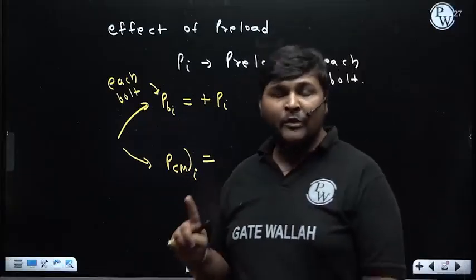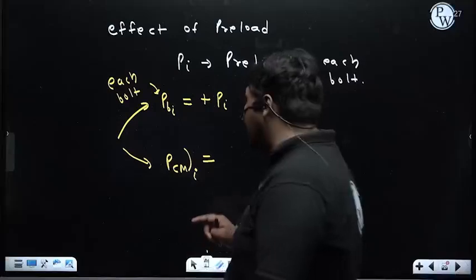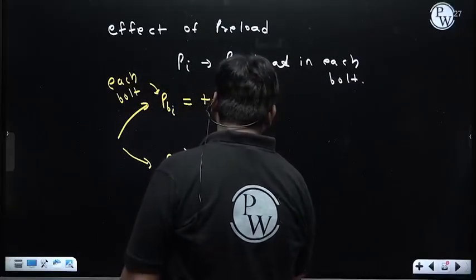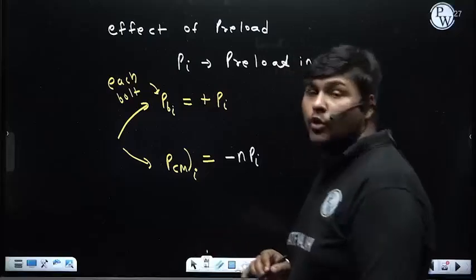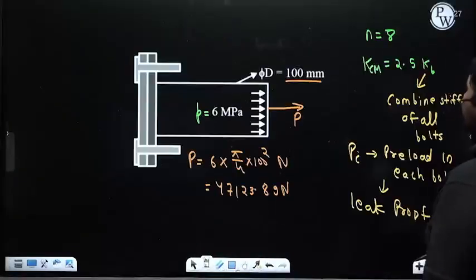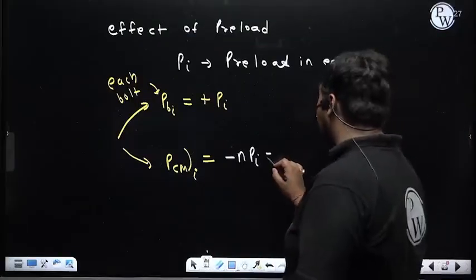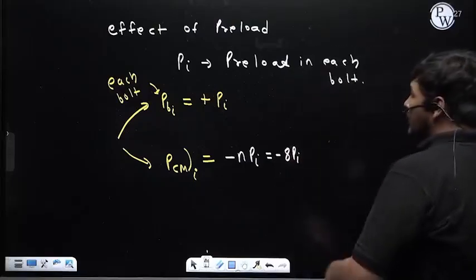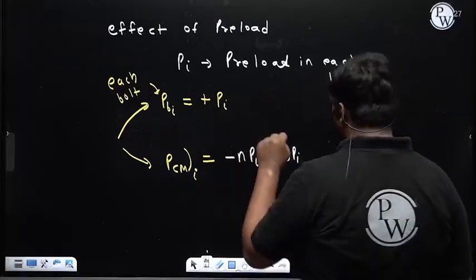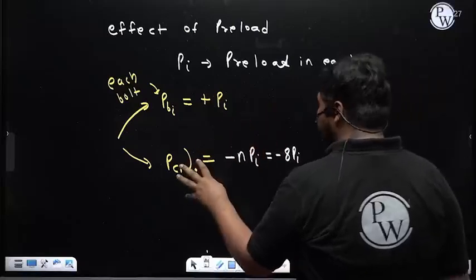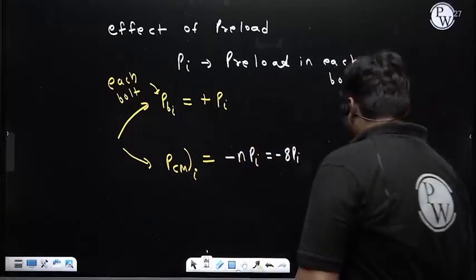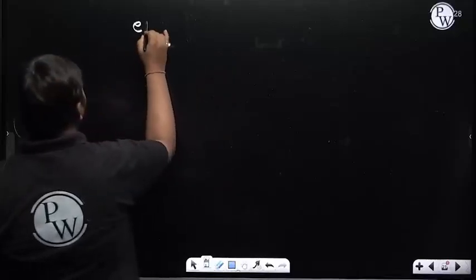So if the number of bolts is n, then the total axial force in the connecting member due to preload will be minus n Pi, where n is the number of bolts. And here n is 8, so you can also write this as minus 8 Pi. So due to preload, the axial force in each bolt is plus Pi, and the axial force in the connecting member is minus n Pi. Now we'll find the effect of external load P.